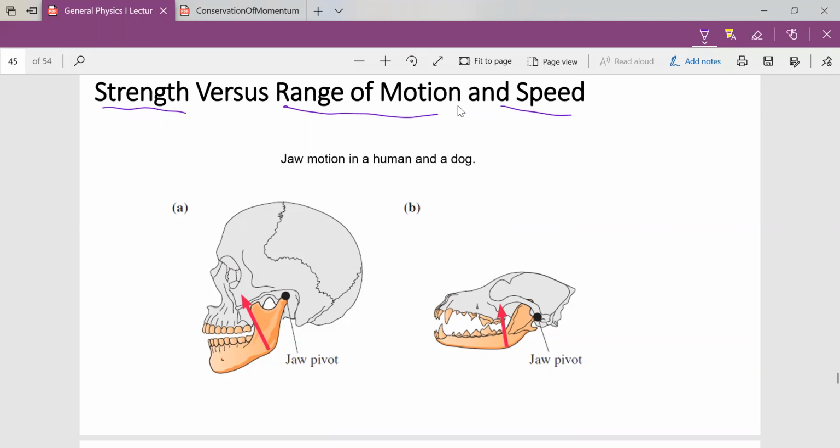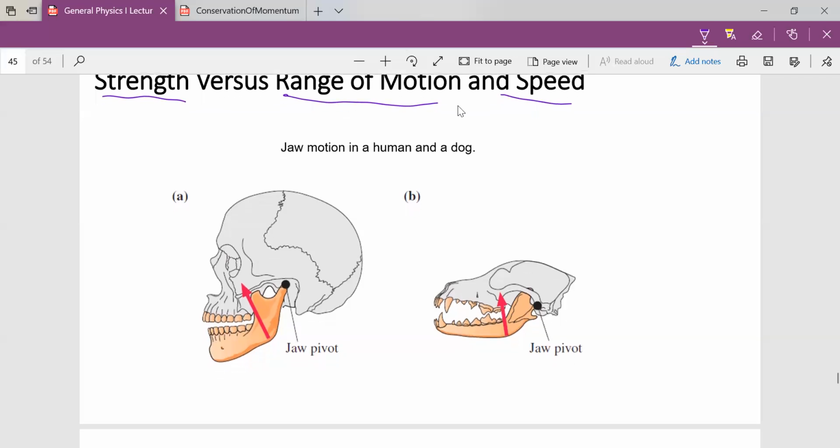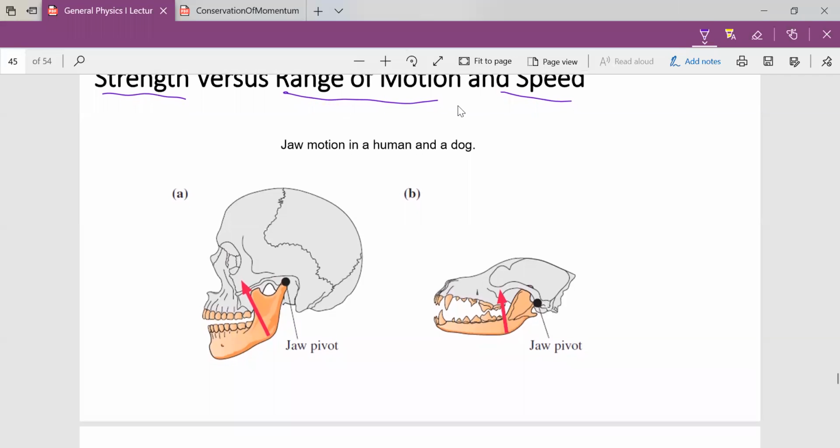It's obvious that the second animal is stronger than the cat. But when it comes to motion, the cat is going to fly compared to what that other animal's motion would be. So how does their strength and arrangement of strength vary with that of the motion and speed? So we see the pivot of the dog.